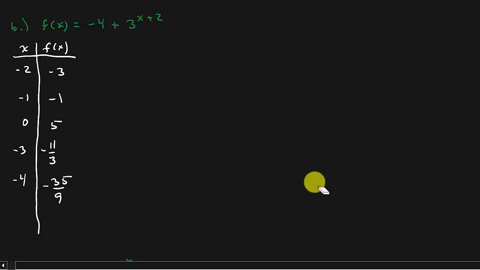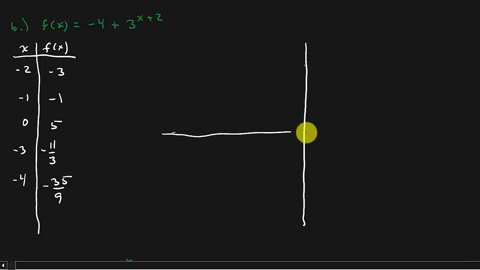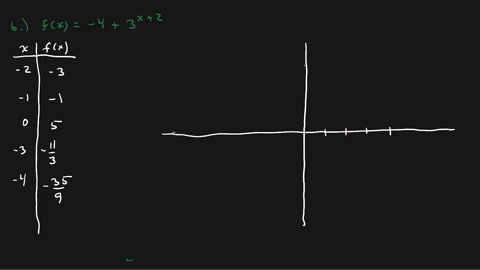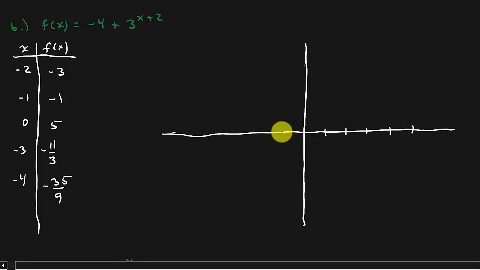And let's see, -35/9 is -3.89. Okay. Well, let's go ahead and draw this. So I've got 1, 2, 3, 4, 5, and then 1, 2, 3, 4, and 1, 2, 3, 4.